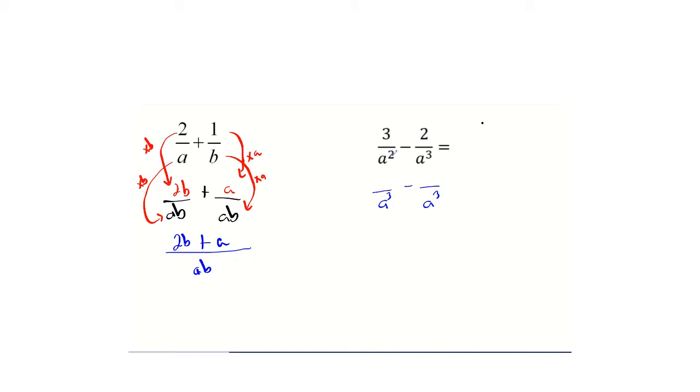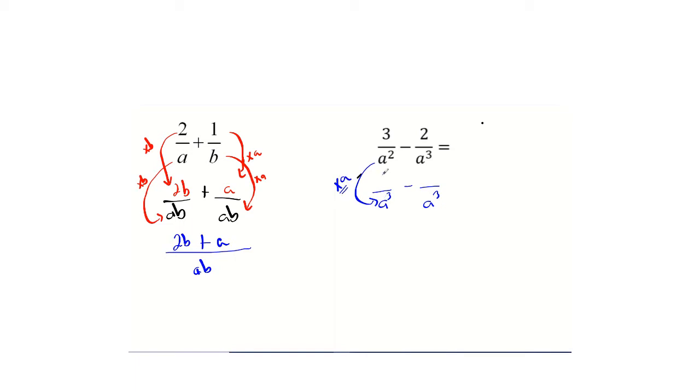So now we're going to look at what I have to multiply each of these expressions by to turn them into this common denominator. For example, a squared, I would multiply by the letter a, because when you multiply, you add exponents. So a squared times a to the 1. That means I have to multiply the numerator by just an a.